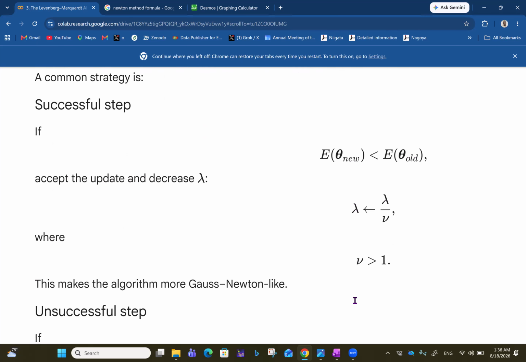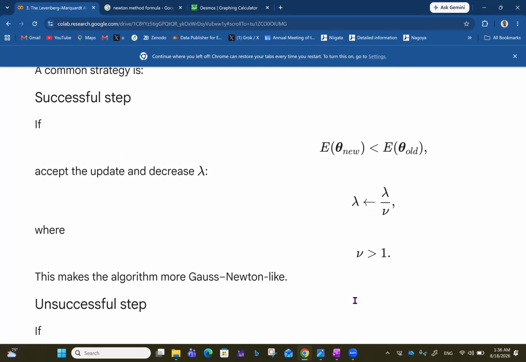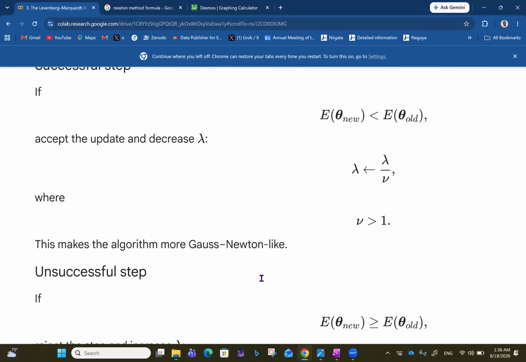That's some kind of decreasing by a factor, where nu is greater than 1, because if you divide lambda by nu, it's going to be definitely smaller than the lambda you had before. So this makes the algorithm more Gauss-Newton-like in that case.